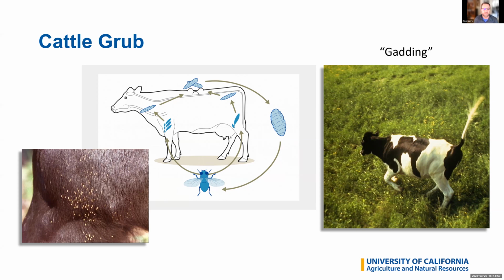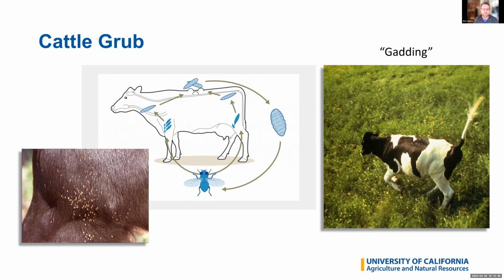So the adult fly lays its eggs on the hairs of cattle. The fly eggs then hatch. The very small maggot, if you will, of the fly penetrates the skin of the animal and then begins to move internally through the internal spaces of the animal, eventually, oftentimes moving along the spine and eventually moving to the back when it reaches the late maggot stage or the late immature stage.